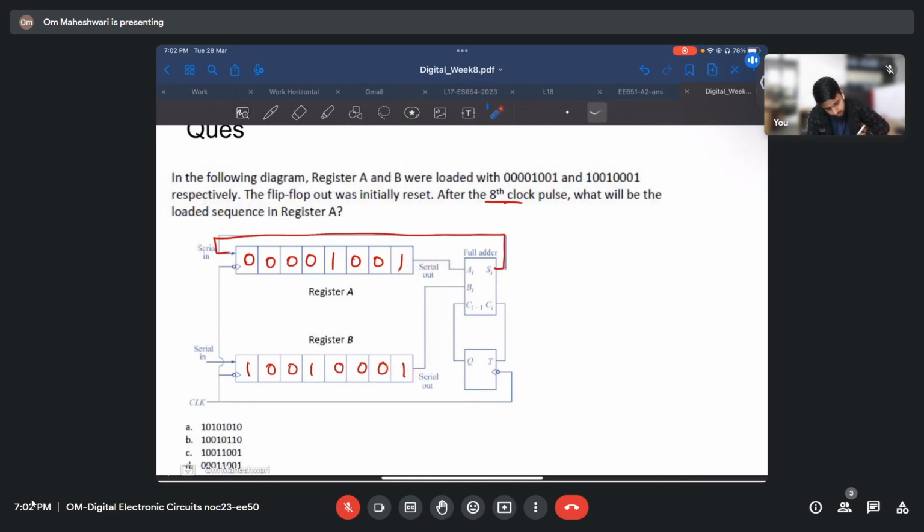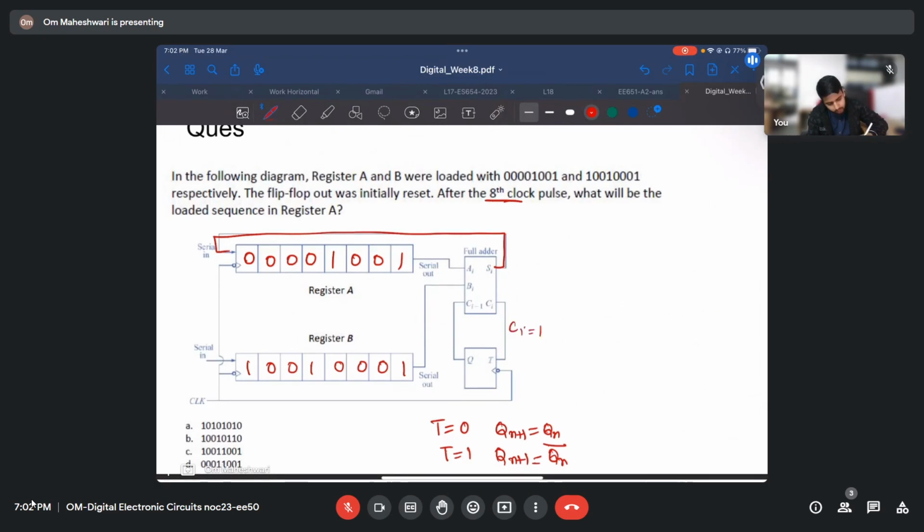So whatever will be the output from here will get summed. We generate sum and carry, and carry is connected to a toggle flip-flop, T flip-flop. So in a T flip-flop, when T equals 0, Qn plus 1 equals Qn, and when T equals 1, Qn plus 1 equals Qn bar. So whenever this Ci is 1, this output will flip.